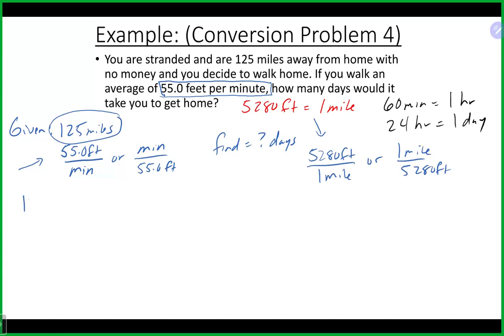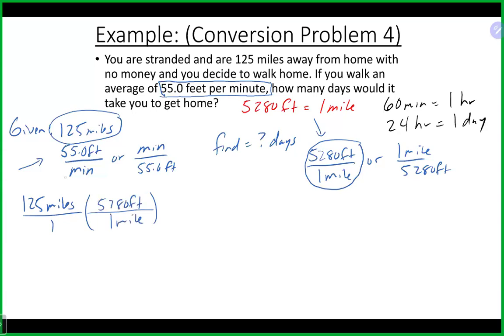I'm going to take my 125 miles, and if it helps you, you can put it over one. Now we can see our miles are on top, so we want to get rid of them. So miles need to go on the bottom. So I am going to use my conversion factor here, and that's going to get me 5,280 feet on top and 1 mile on the bottom.